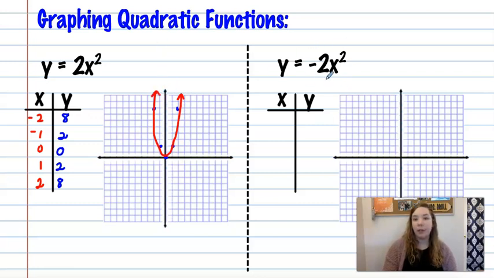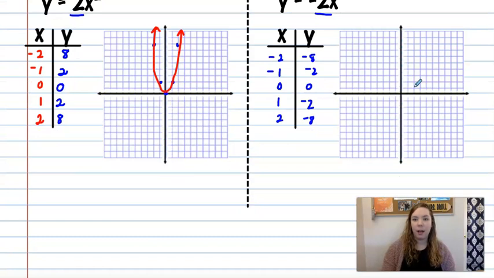This one is going to be very similar, and we chose two very similar ones on purpose. I'll show you why in a second. So if I do my table, all of these are going to be negative instead of positive, my y values. So I'm going to go ahead and plot these now, and connect them.